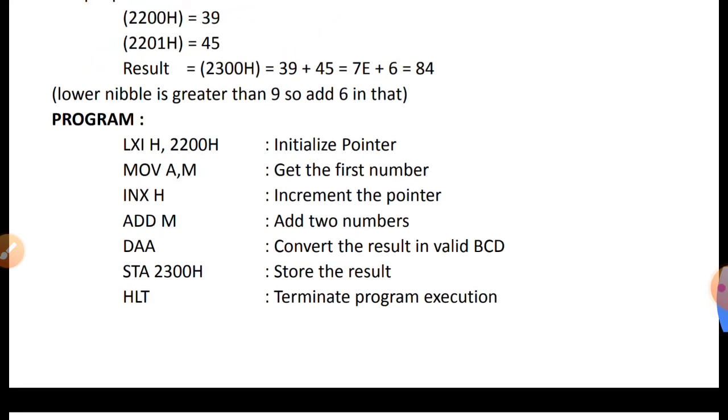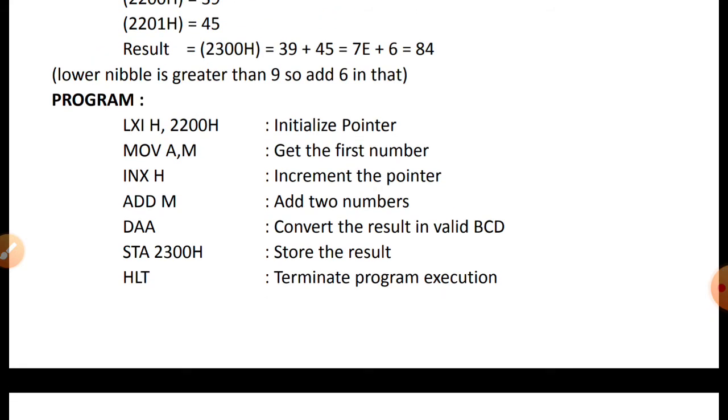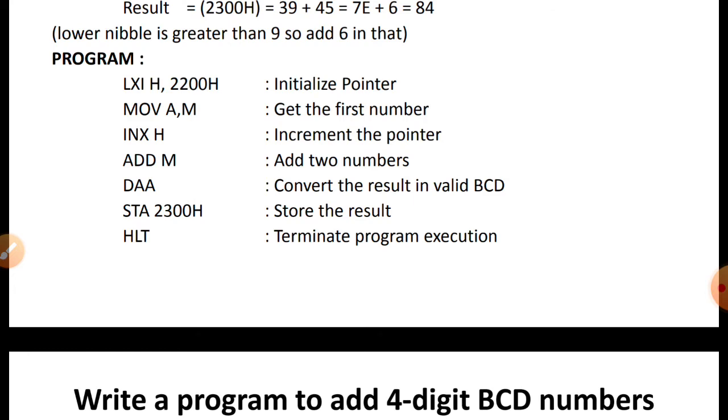So meaning thereby, whenever we get a result which is not in BCD form and we have to convert it into correct BCD form manually, we have to add decimal 6. Decimal 6 can be added by different instructions, but the 8085 provides the DAA instruction, which automatically senses the auxiliary carry flag status and adds decimal 6.